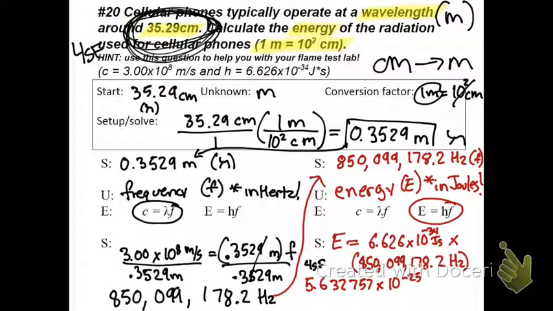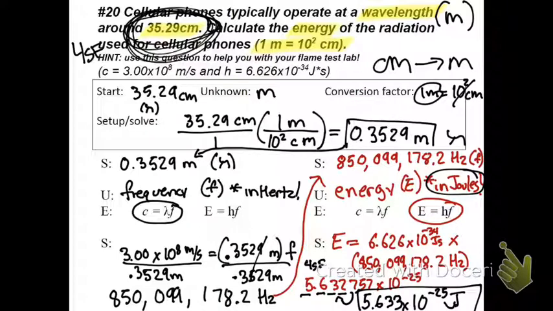So underline your top place values, 1, 2, 3, 4, and then round. In this case, we're going to be rounding up. So your final answer is 5.633 times 10 to the negative 25th, and the units, remember, are joules. And that's the final answer to question number 20.